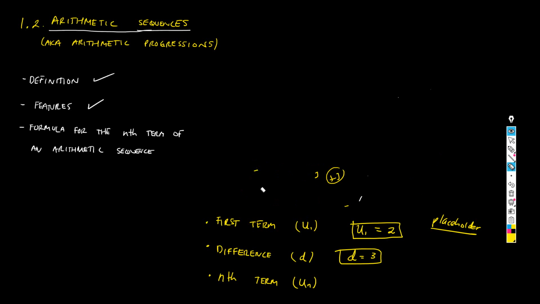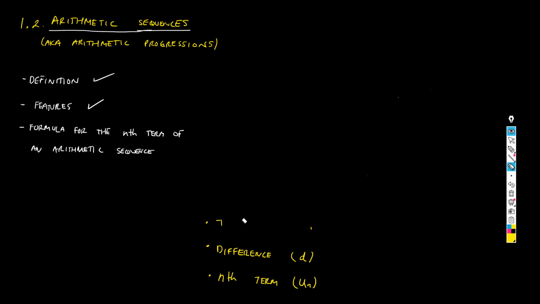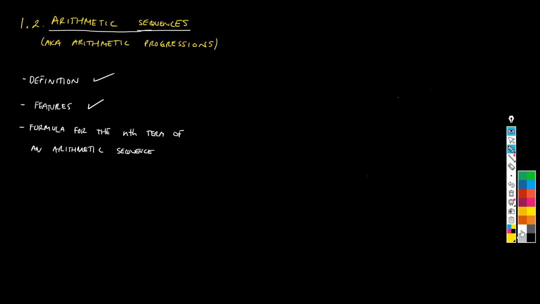Okay, fine. Now, the first important formula that we're going to get to know in regards to these sequences is the formula that will give me the nth term of an arithmetic sequence if u sub 1 and d are known.